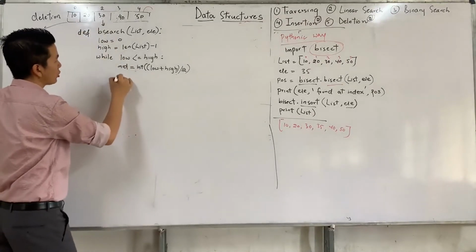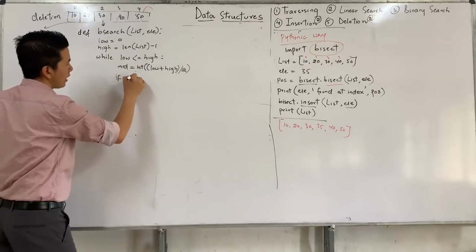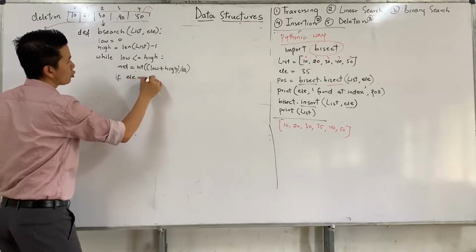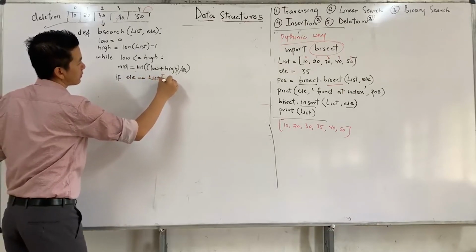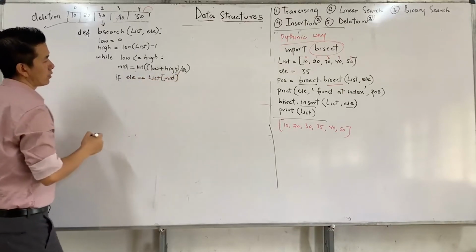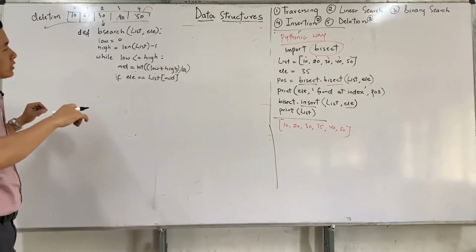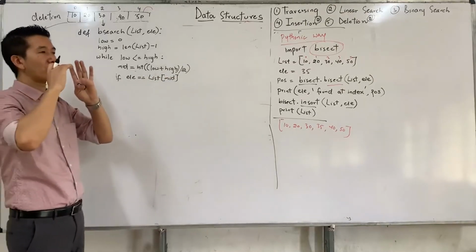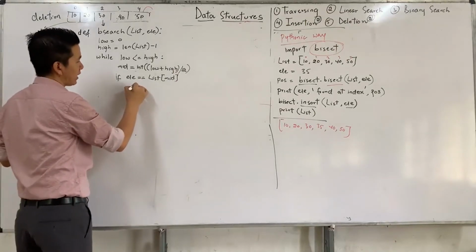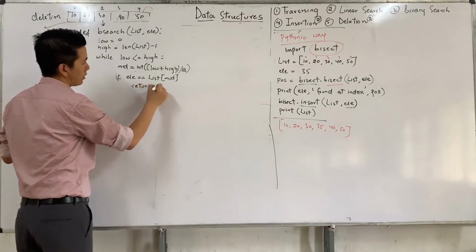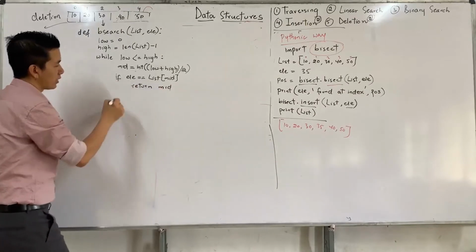And then just run this check: if element to be searched is equal to list of mid. If, through a nice coincidence, the element to be searched is found at the middle position, good luck to us, and I just return the value of mid.